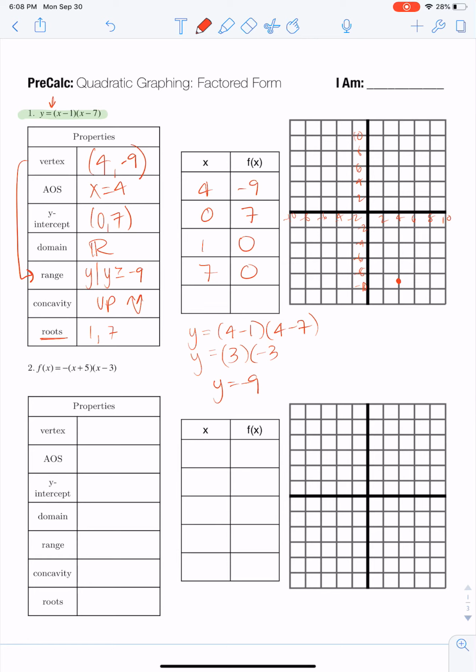I can go over 0 and up 7 for my y-intercept. I can go over 1 and up 0 and over 7 and up 0.